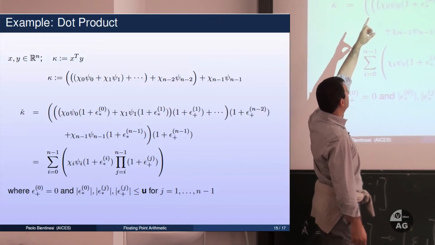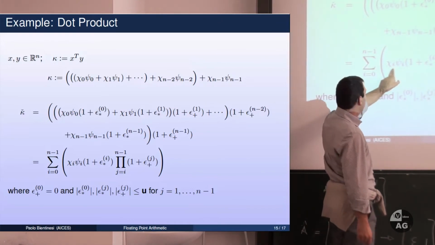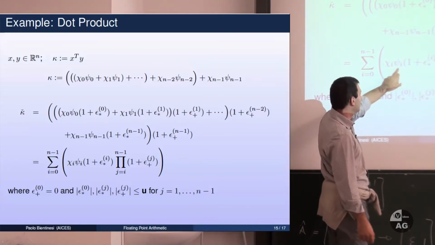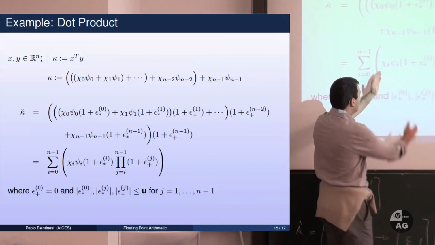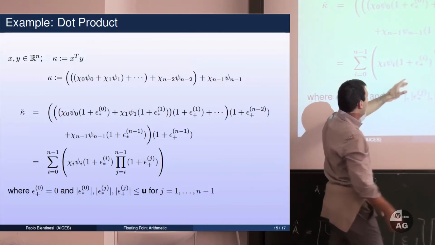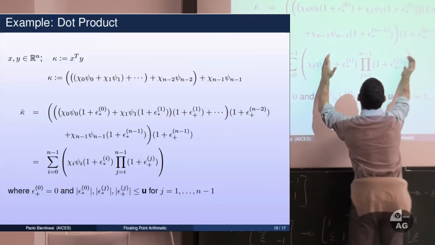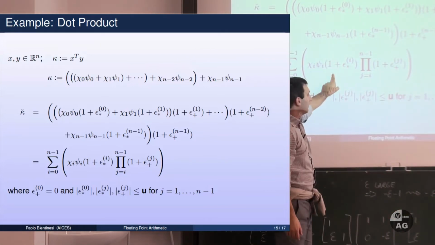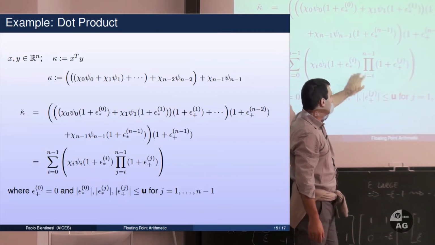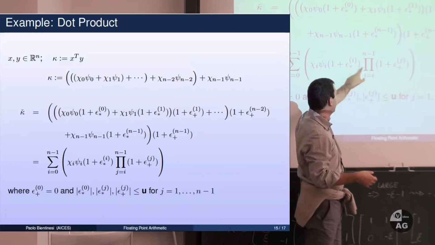So x transpose y is nothing more than the sum of chi i psi i. So this is an element of x, this is an element of y. So this is the actual mathematical solution. So far, so good. And all of this is the error term that comes together. And what is the error term? It's a lot of 1 plus epsilon terms multiplied together.